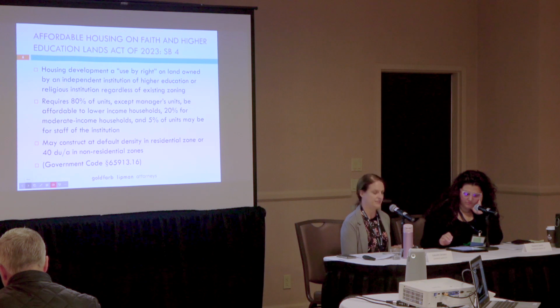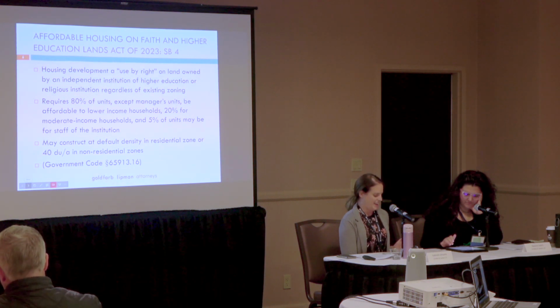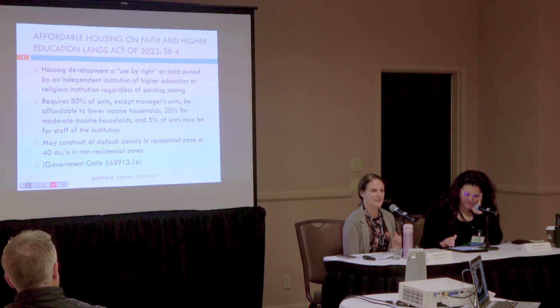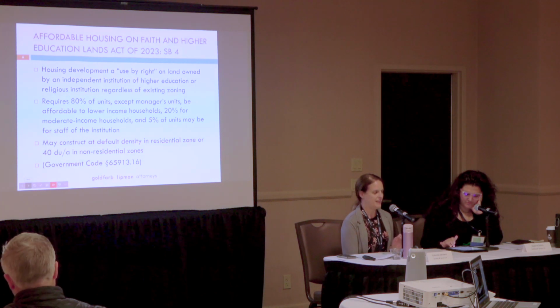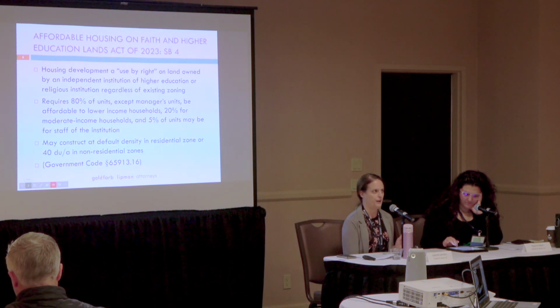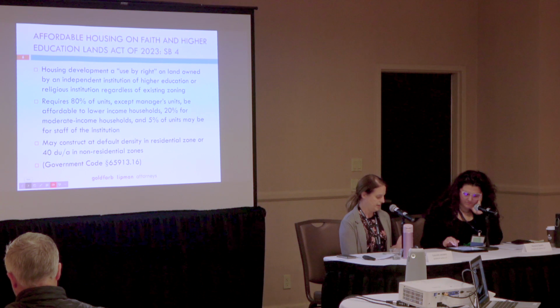The density that is allowed on these sites is an important thing for a lot of residential developers. If a site is located in a zone that allows residential use, then the density needs to allow what is considered appropriate to accommodate lower income units. What that means is, in housing element law, the state has said that certain density is automatically considered to accommodate lower income housing.